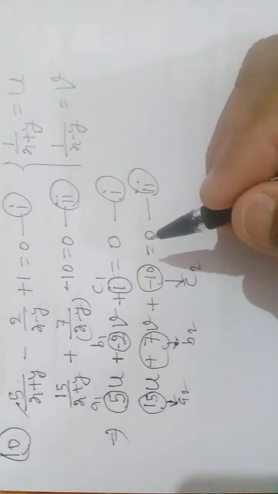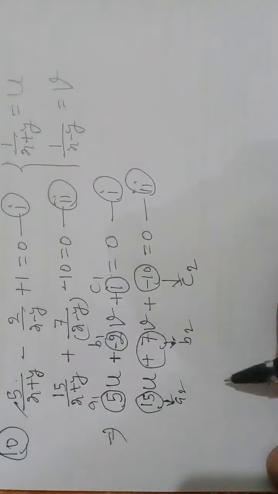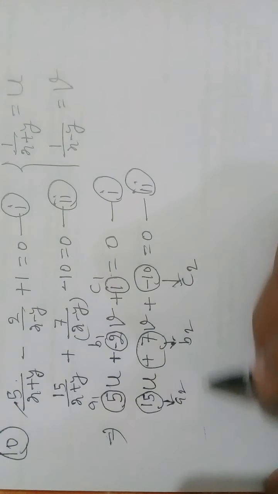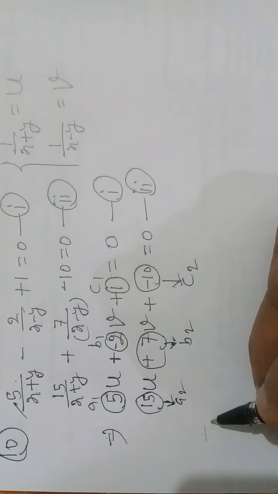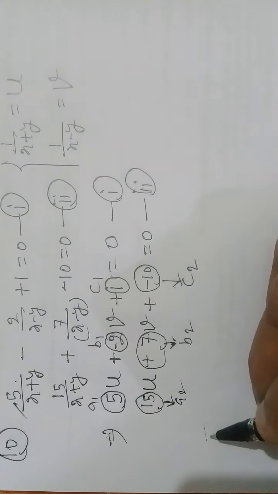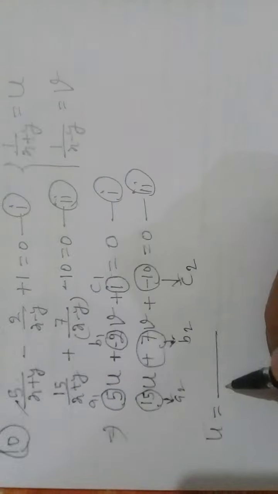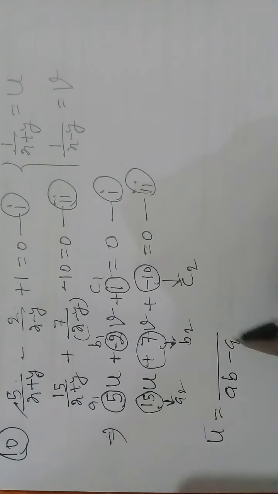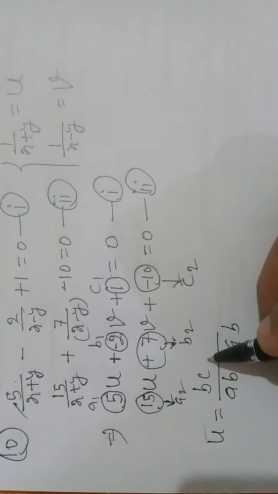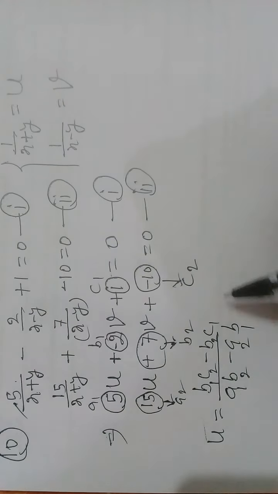Now we know that by the cross multiplication method, u is equal to (B1C2 minus B2C1) over (A1B2 minus A2B1).